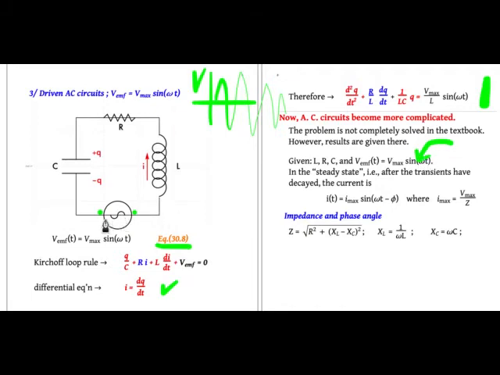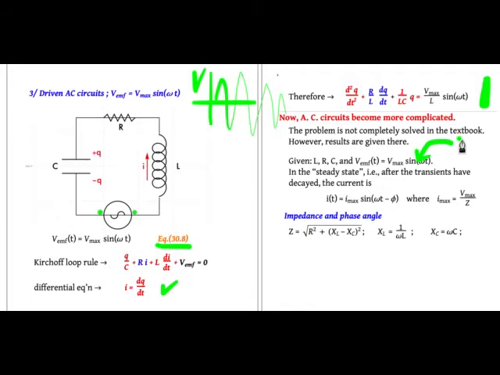That's the frequency that the generator supplies. If this were just plugged into a wall socket, omega, well, the period of oscillation, the frequency is 60 cycles per second. So the angular frequency would be 2 pi radians per cycle, times 60 cycles per second.